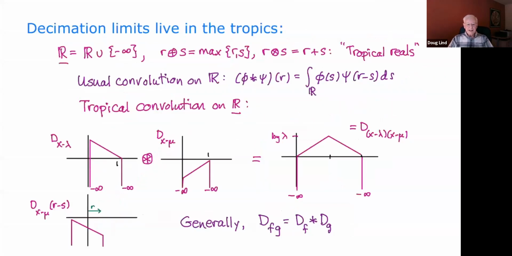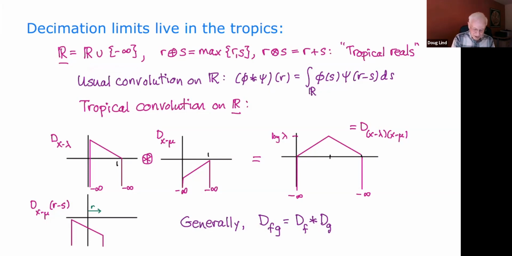One other comment I'd like to make is that decimation limits live in the tropics. So what do I mean by that? Well, there's this object called the tropical reals, which are just the reals union minus infinity. And there are these tropical operations on the tropical reals. It's called the max plus algebra.